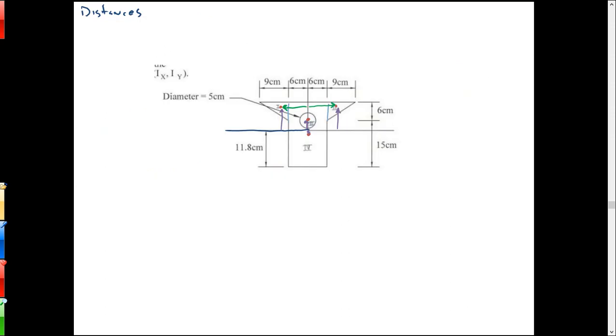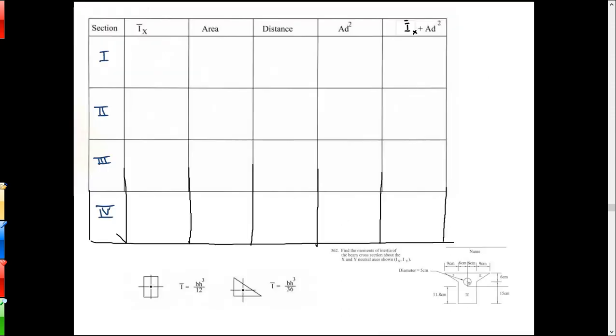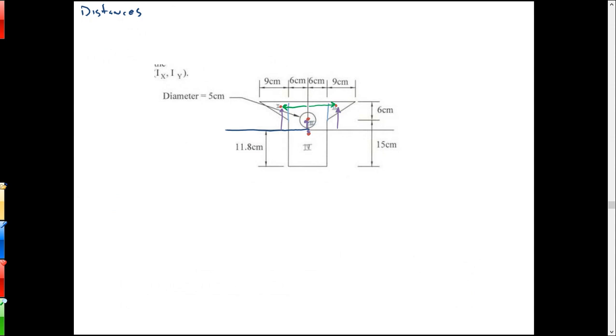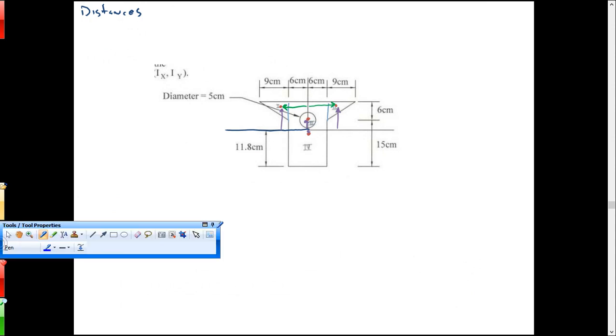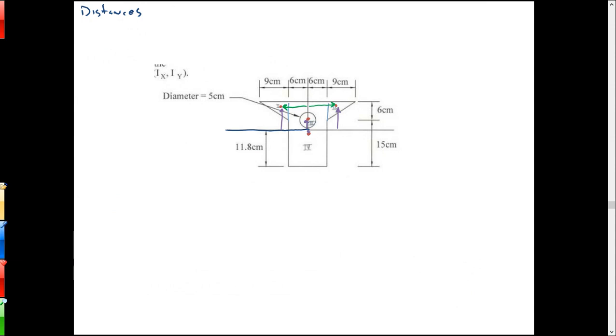All right, and we got lots of distances there. We got purple ones that look vertical, and then we got green ones that look sideways. So we got 4 parts. Why don't we do the green ones first? All right, so the green one would be what? 6 plus 1/3 of 9 equals 9.